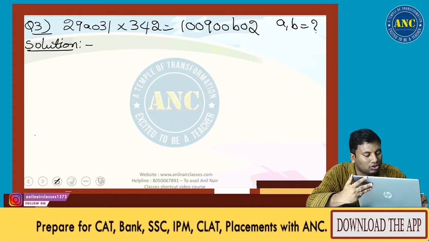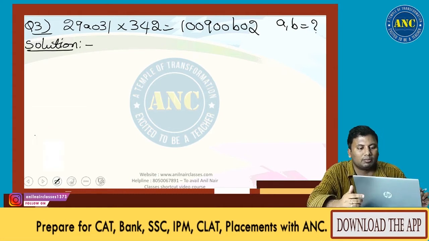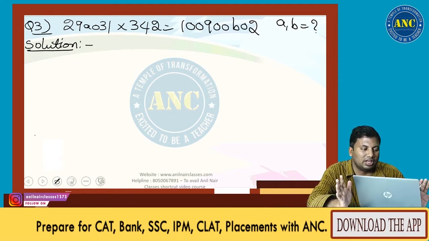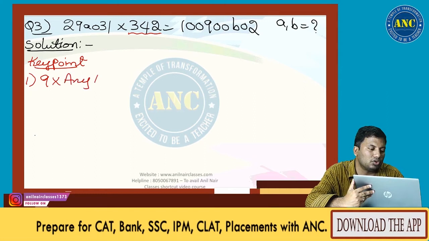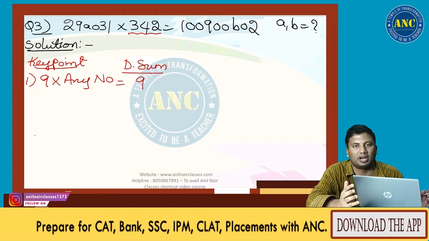29A031 into 342, it is nothing but 100,900B02. Now if you see here, solution, key points, first key point, 342 sum of the digits is 9. 9 into any number, the digital sum in the answer is always 9.